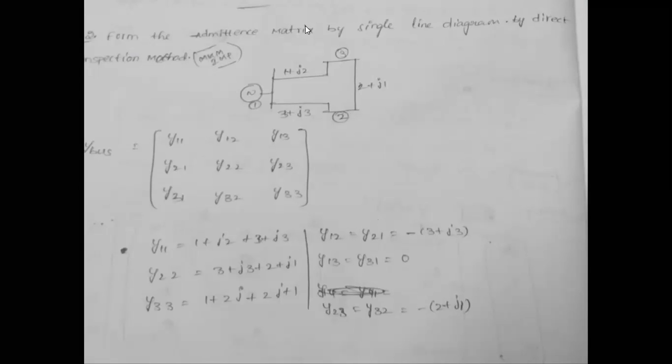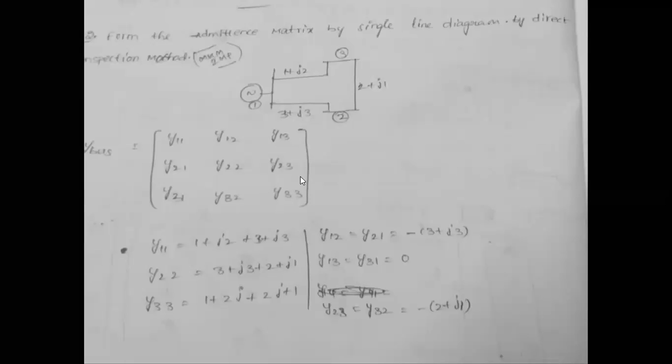In forming the admittance matrix by the direct inspection method, Y12 equals Y21 equals minus of that element. The element between 1 and 2 is 3 plus j3.